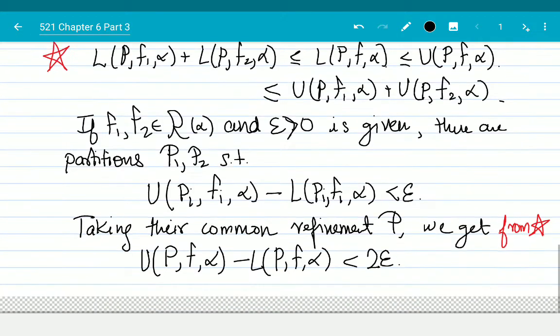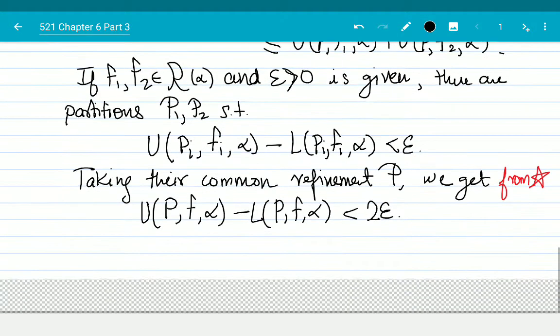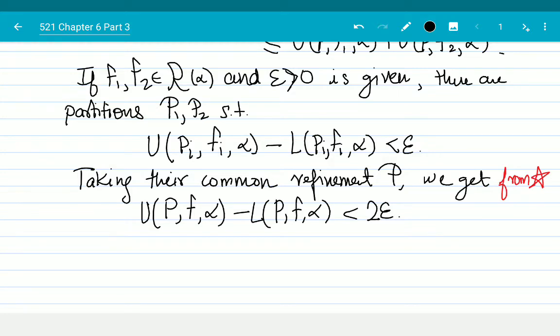I can't say epsilon because both of them are getting added, but this is smaller than 2 epsilon, and therefore f belongs to R(alpha). Okay.